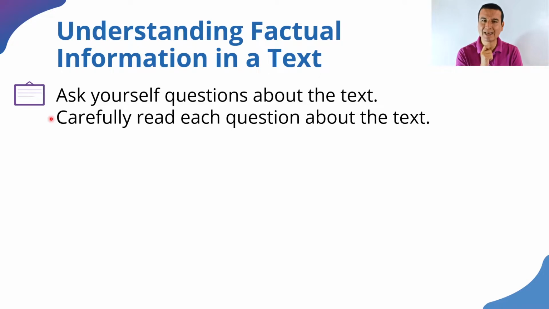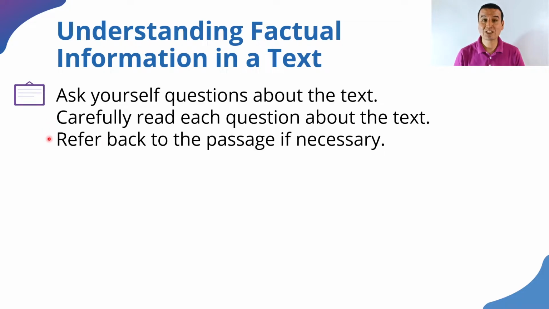Carefully read it and make sure that it is clear to the audience that needs to write it, or if you have to answer it yourself. All right? The next tip is to refer back to the passage if necessary, both to ask questions about a text or to answer a factual question about a text. A factual question refers to that question that asks for facts, for information that is stated in a text.